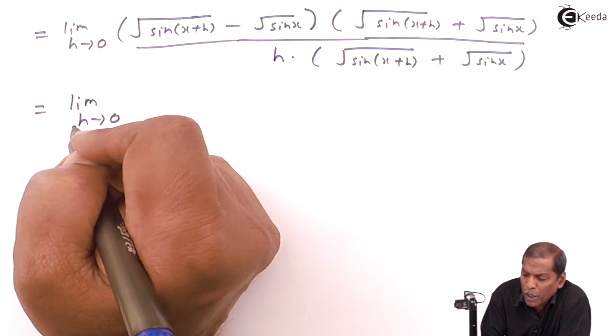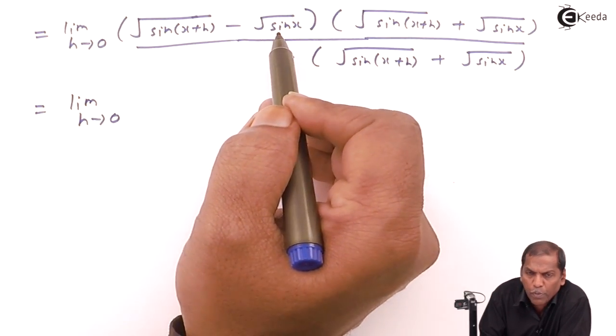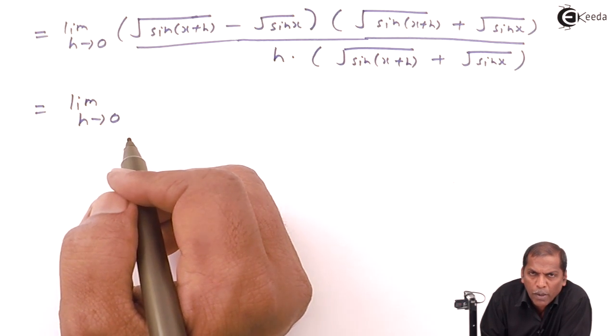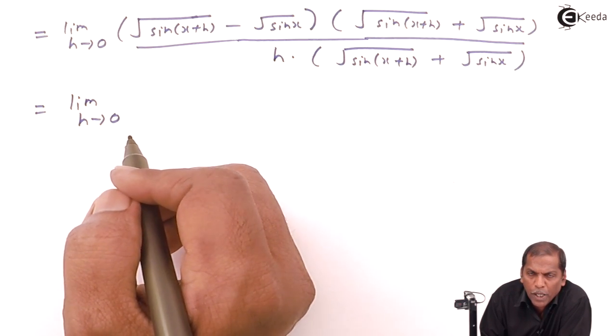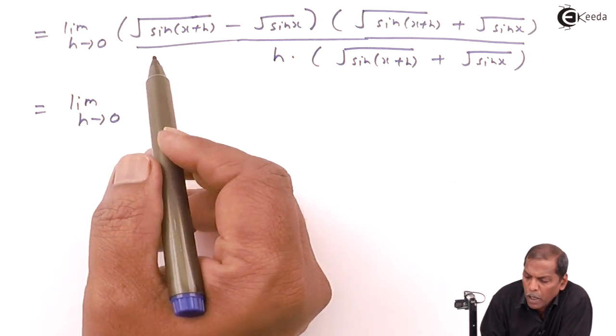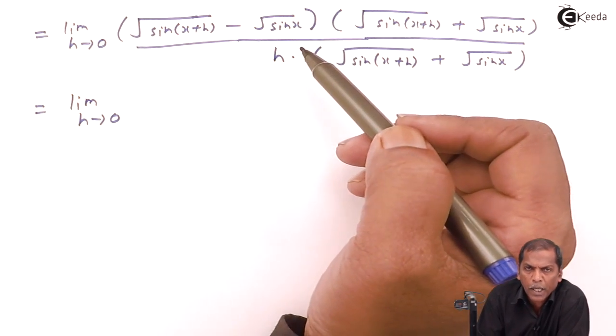Now the numerator is of the type (a minus b)(a plus b), so that gives us a square minus b square. In the present case, square root of sin(x plus h) represents a and square root of sin x represents b.